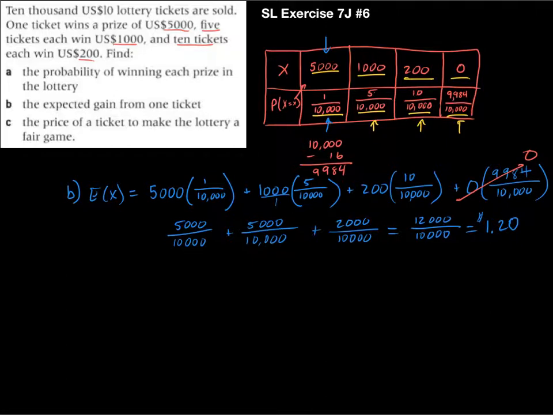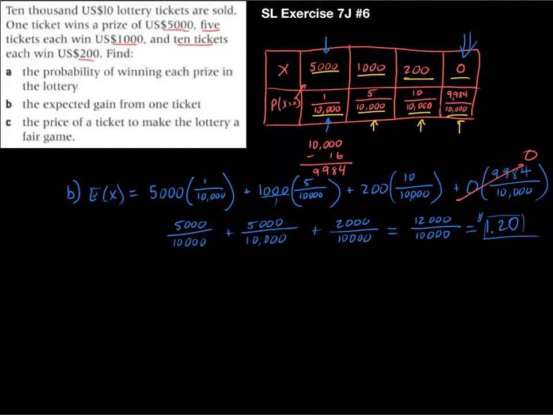If I buy a ticket, on average, I'm going to win $1.20, right? Now, we talked about different measures of central tendency before, right? Mean, median, and mode. Well, your mean average is $1.20, right? Well, that's not your mode or your median. Your mode and your median are both zero.